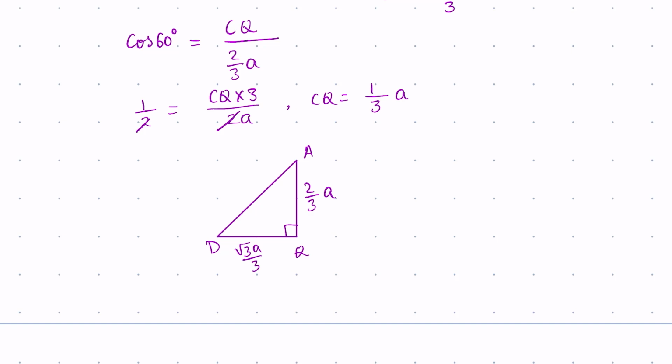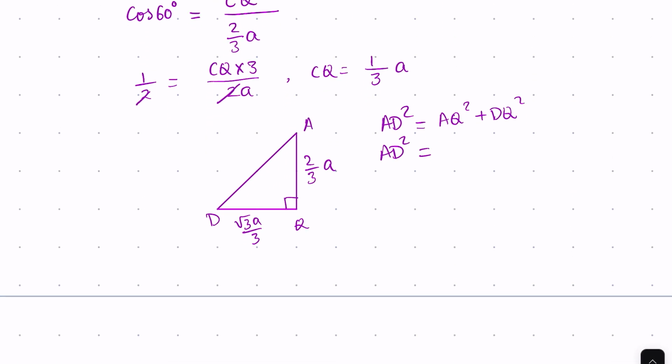So using Pythagoras theorem, we can write AD squared is equal to AQ squared plus DQ squared. What is AQ squared? 2 by 3a squared, plus what is DQ?